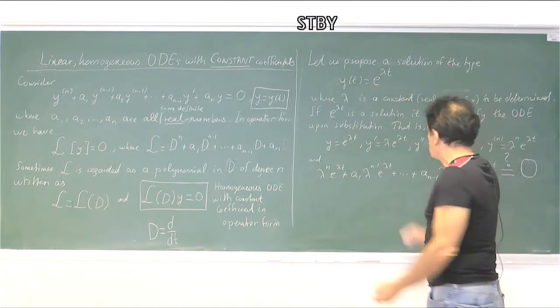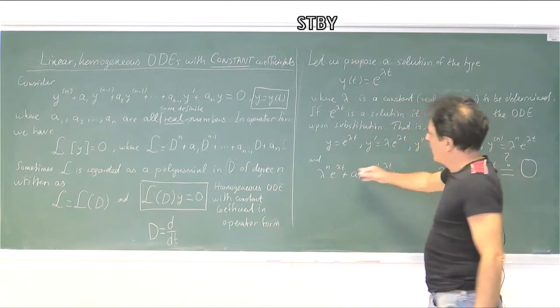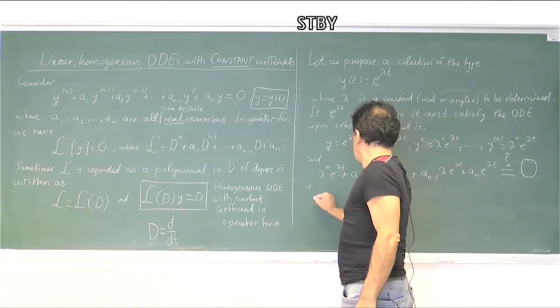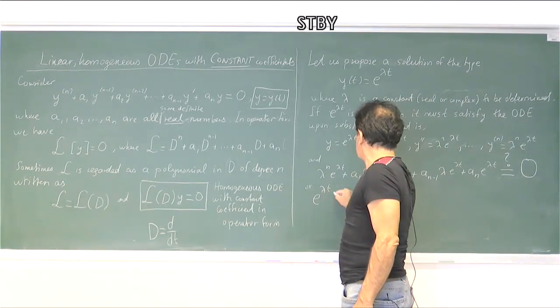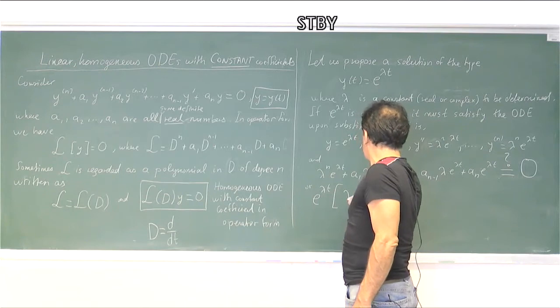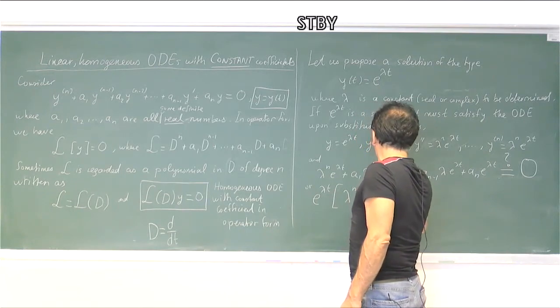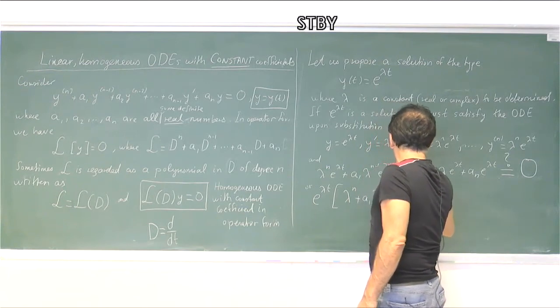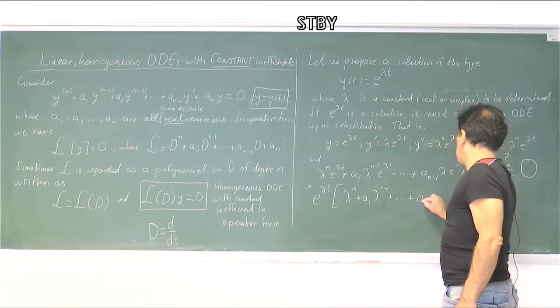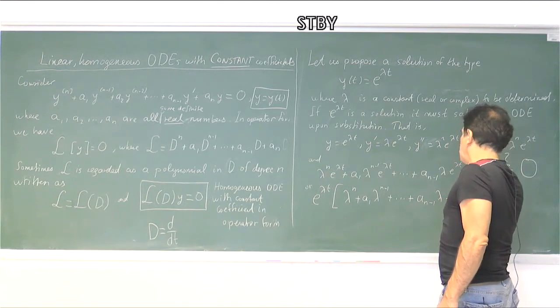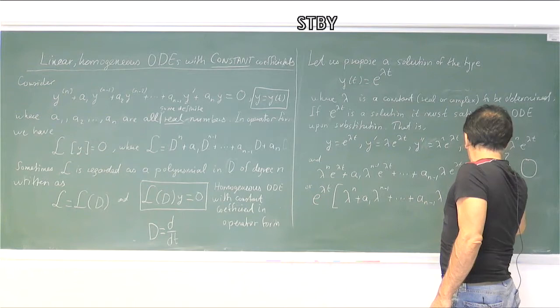Okay? So look, every term is proportional to e to power lambda t. So we have e to power lambda t times lambda to the n, plus a1 lambda to the n minus 1, plus ... plus a n minus 1 lambda plus a n, must be 0.